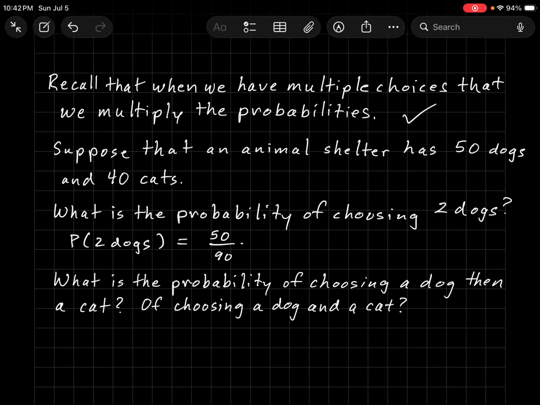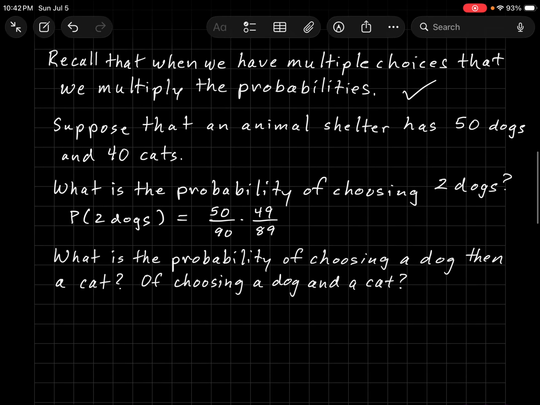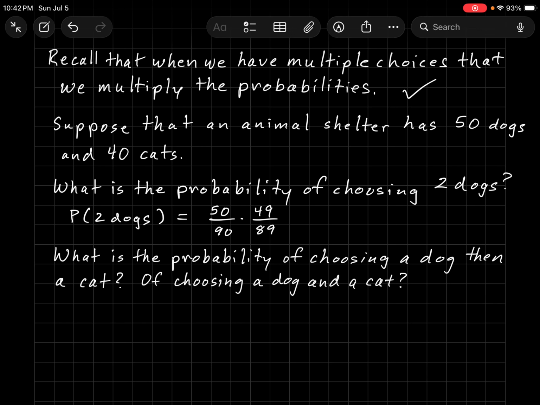And I think, well, how many dogs are left over if I've already chosen one? The answer, of course, would be 49, out of how many animals left over: 89. And that would be the probability of choosing 2 dogs. What is the probability of choosing a dog then a cat?